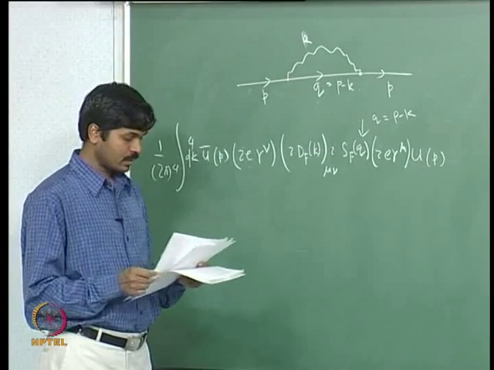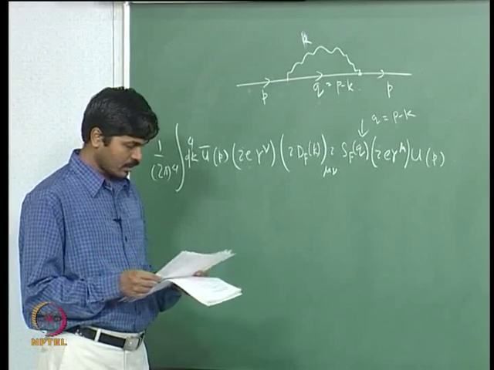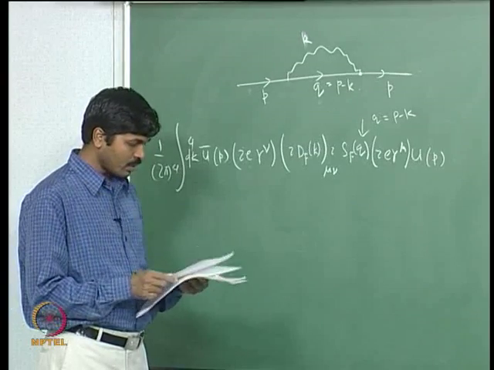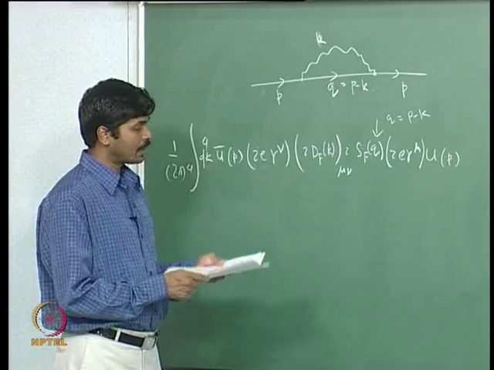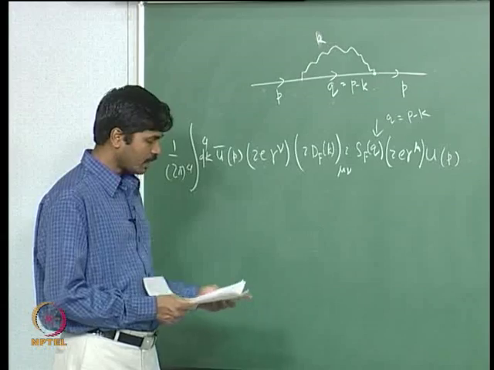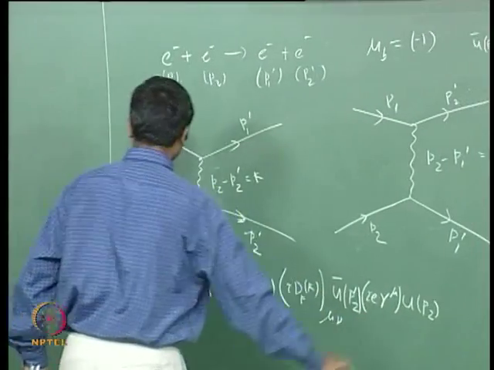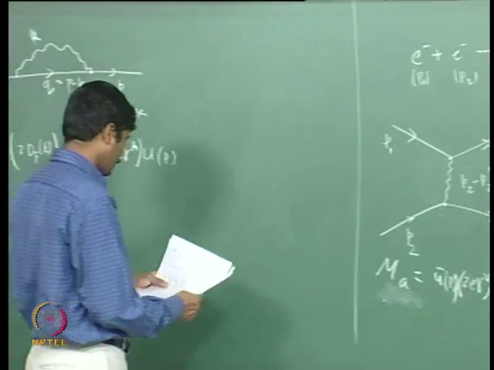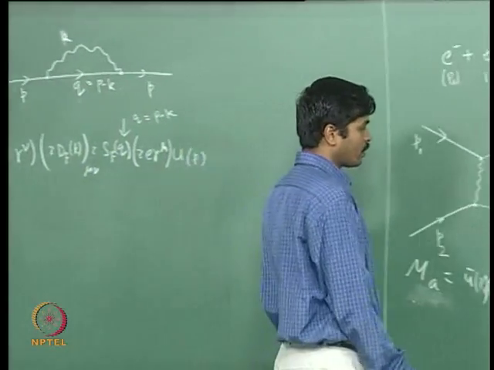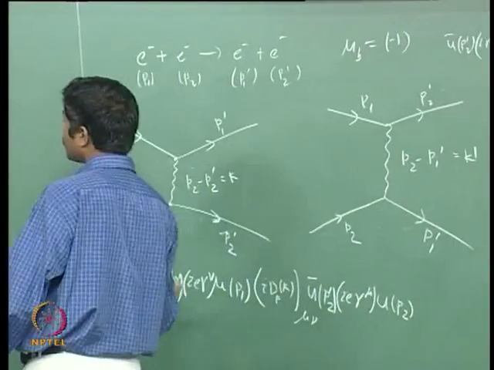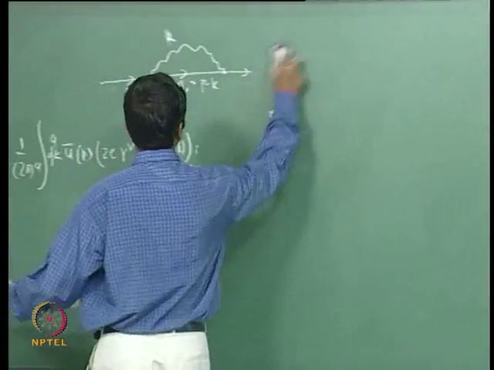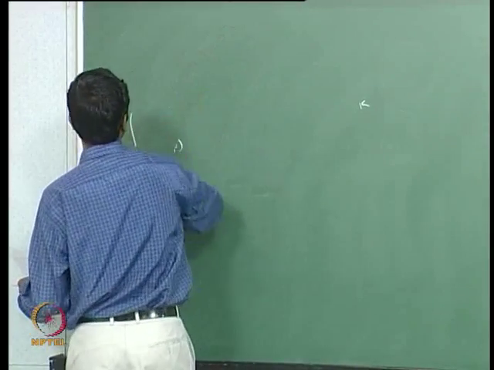Okay. So what we will do now is, now we know how to compute the Feynman amplitude. So the next question that we would like to ask is how to compute the cross section for a given process.